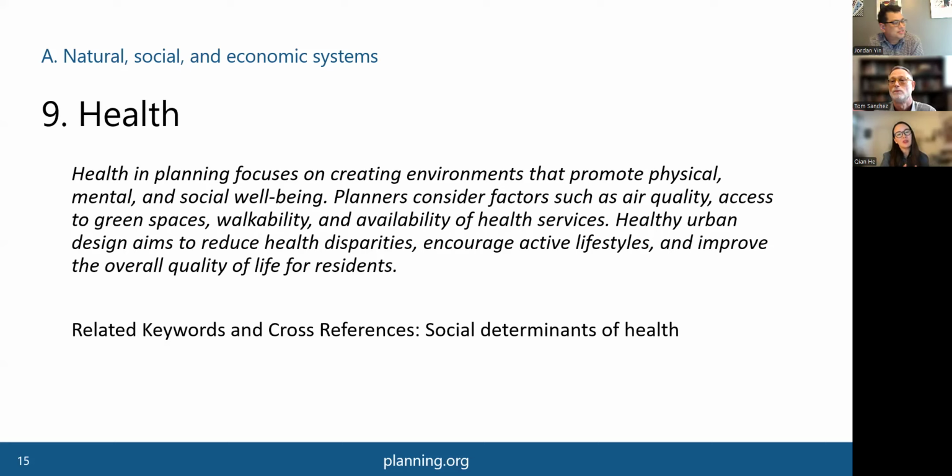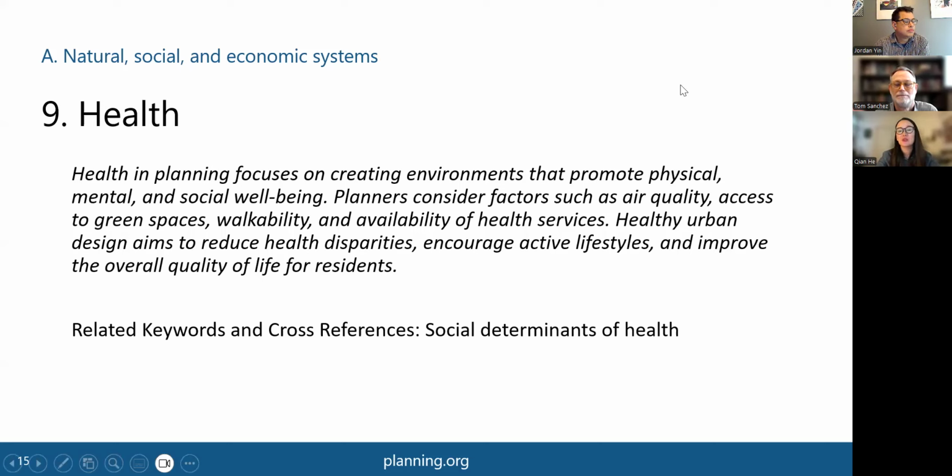So health is obviously another very important topic within planners' priorities, especially with the recent recognition and trend of the social determinants of health, recognizing that health is an outcome of a very complex system, which planners play a role in part of. Within an urban planning setting, health in planning focuses on creating environments that promote physical, mental, and social well-being.